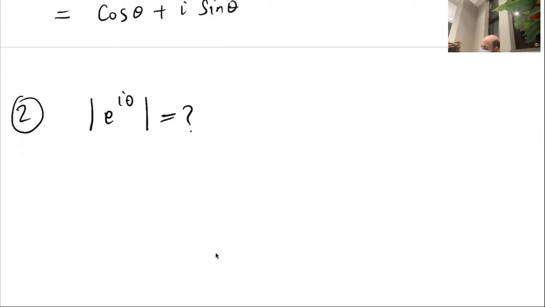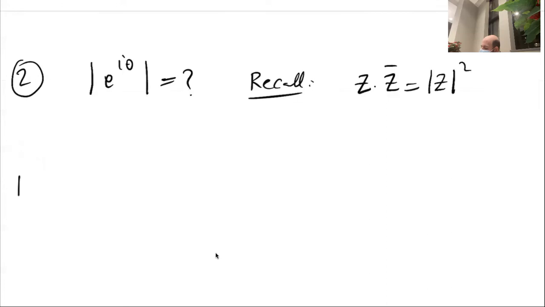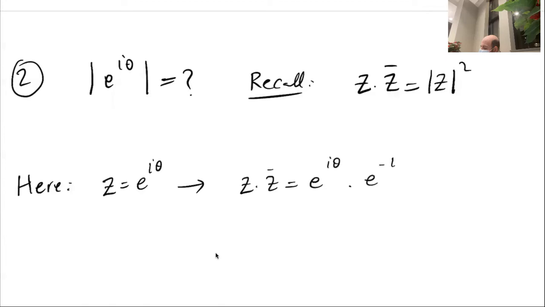So magnitude of e to power i theta, if you remember, to find magnitude of a complex number, if I multiply z with z bar, I'll get magnitude z squared. So here, z is e to power i theta. So z times z bar will be e to power i theta times e to power minus i theta.